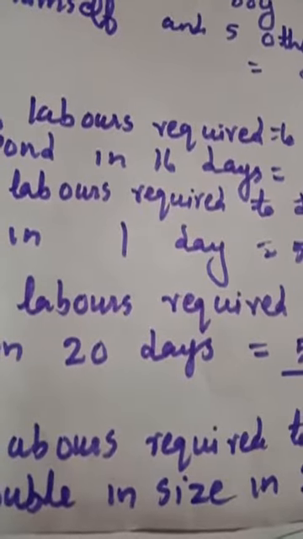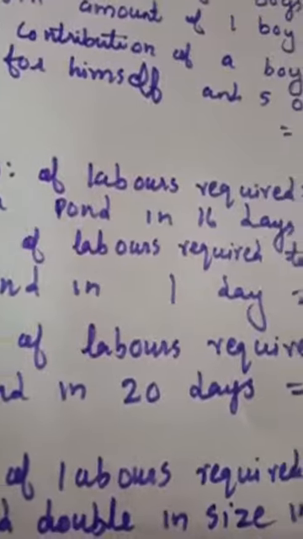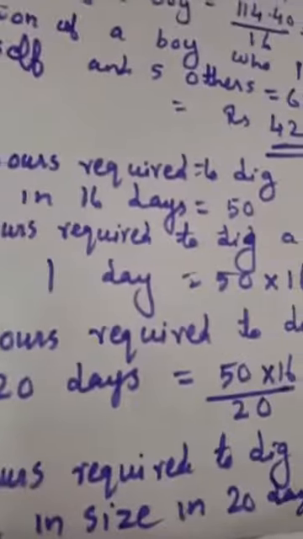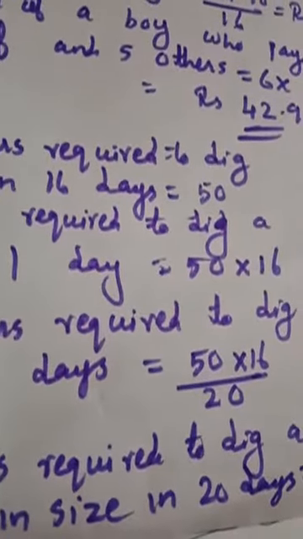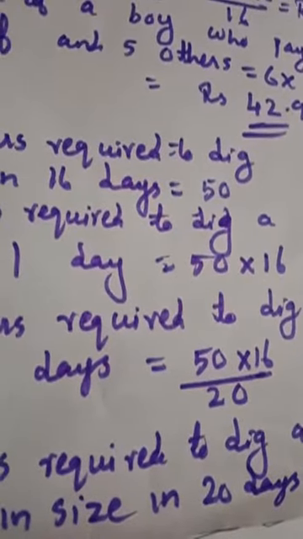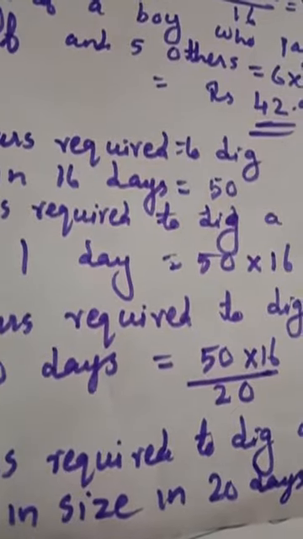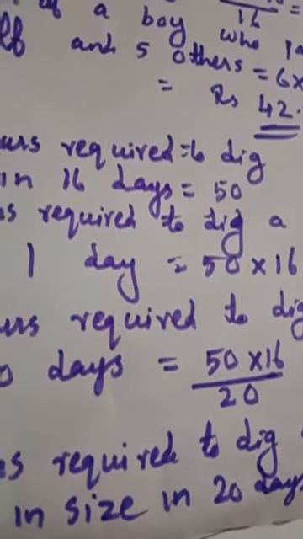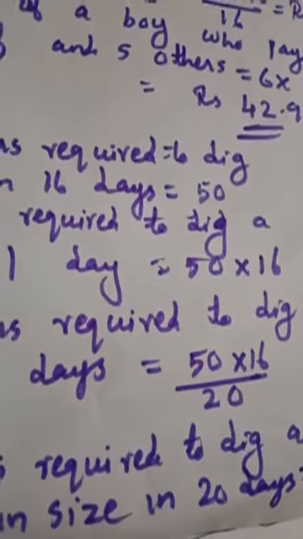So the number of laborers required to dig a pond in 1 day is equal to 50 into 16, because here it is inverse variation. In direct variation we find the unitary method by division, but in inverse variation we find one quantity by multiplication.